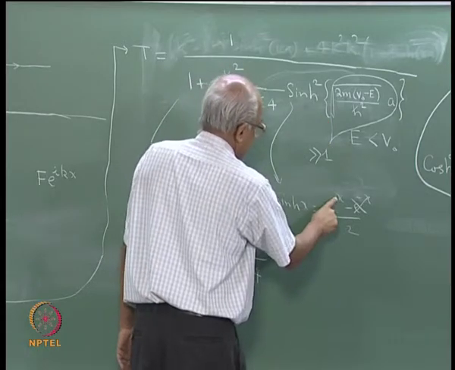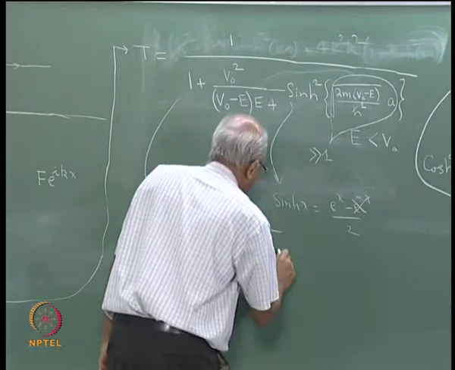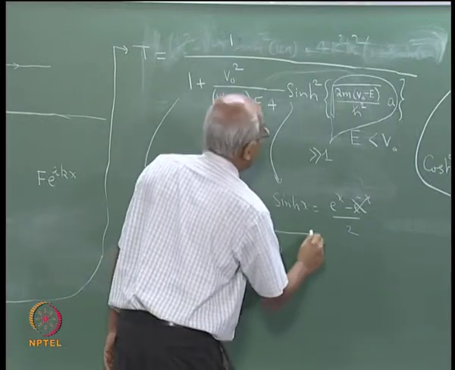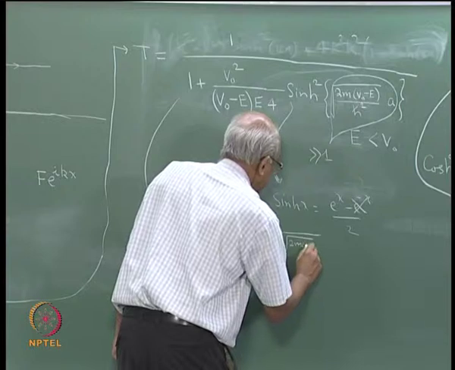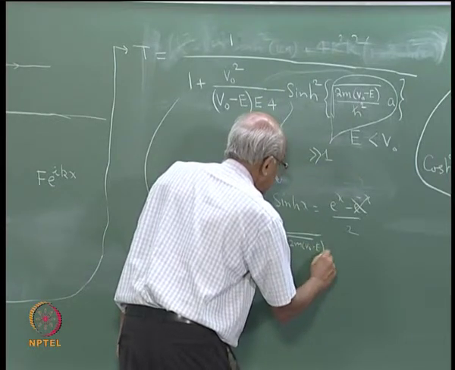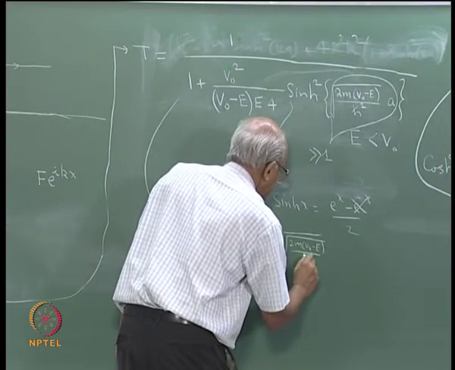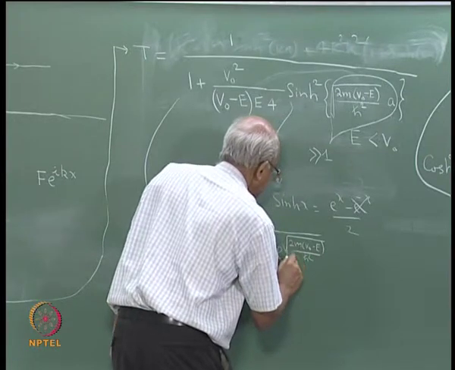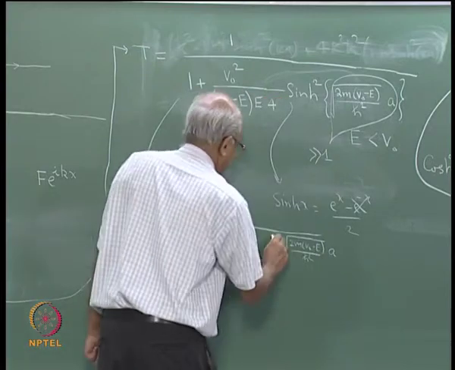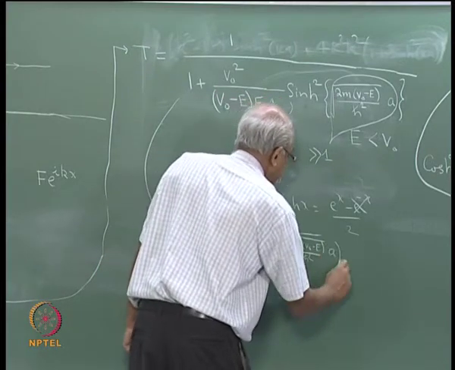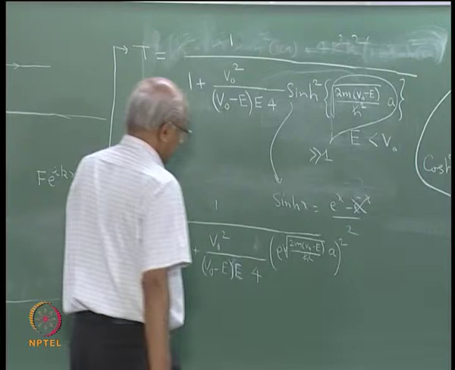Actually sinh x may be approximated as e to the power of x divided by 2. So, therefore, I shall have e to the power of square root of 2m (V0 minus E) divided by h cross square, the square root covers that h cross square also, e to the power of a. I have to take the square of that. Okay, this is the answer.